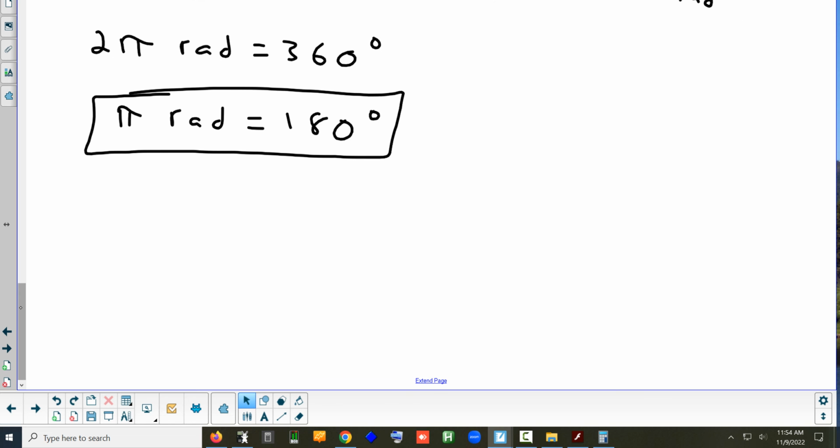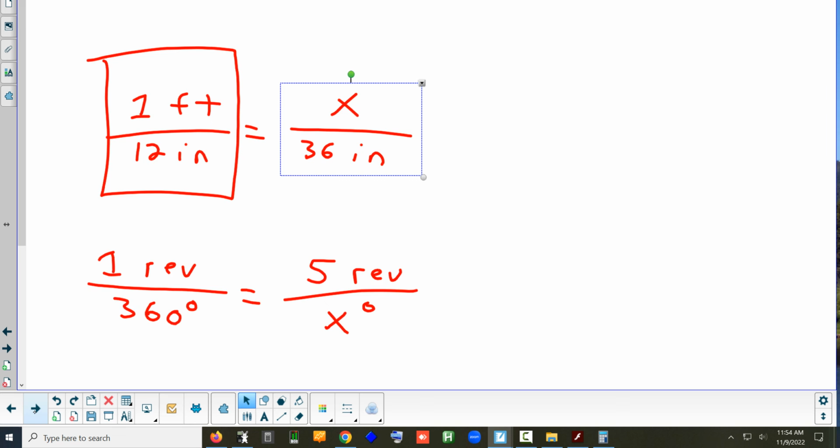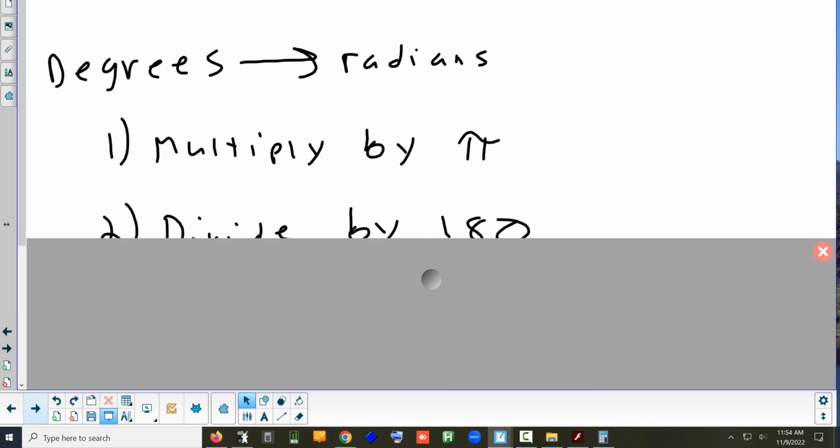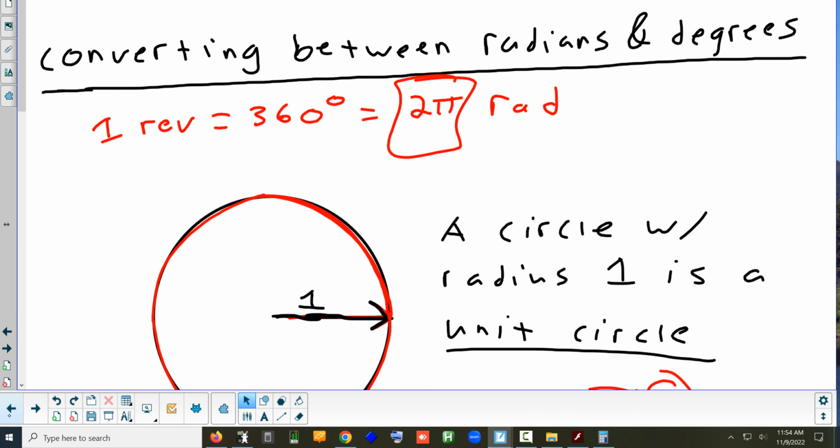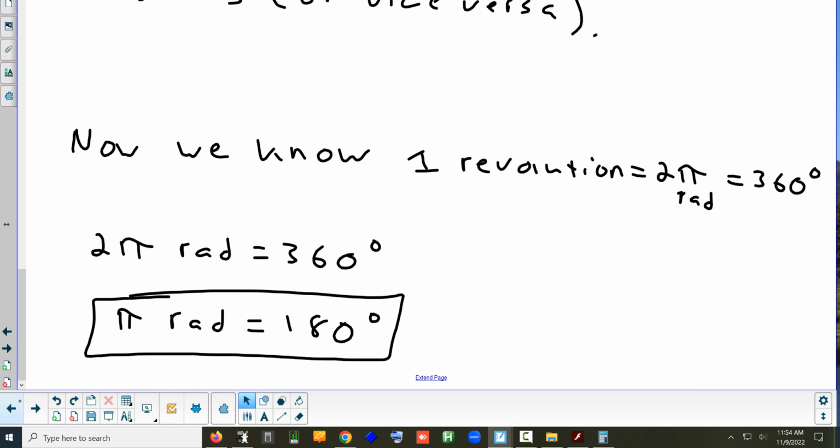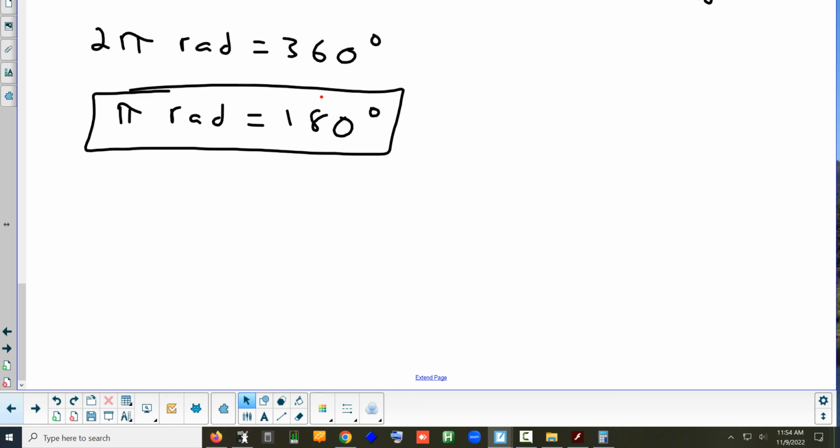So let's get a 1 on one side of this. Which one do I want to do first? Okay. Let's get a 1 on this side. How would I get a 1 on the right side? Divide each side by 180.